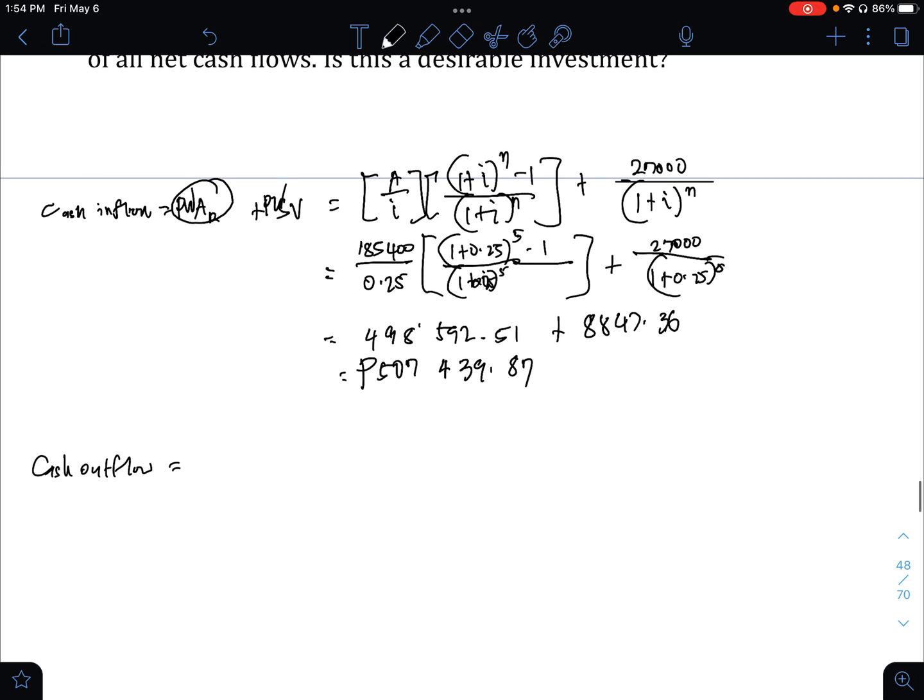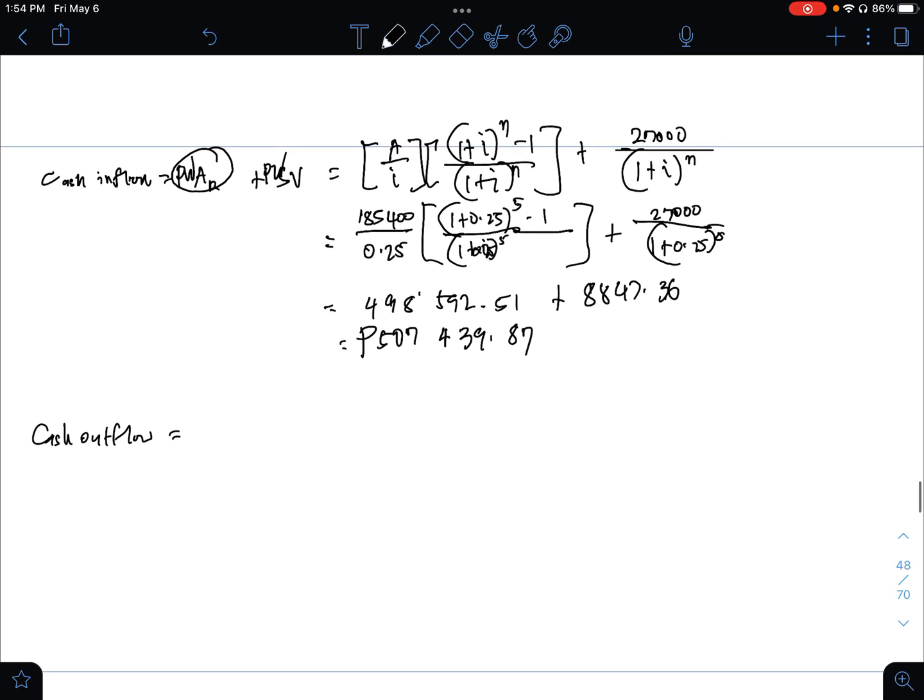So, kasi cash outflow naman po is excluded si depreciation. So, pag exclude natin si depreciation, ang atin ay operation and maintenance plus tax and insurance. Ito ang ating expenses or cash outflows.